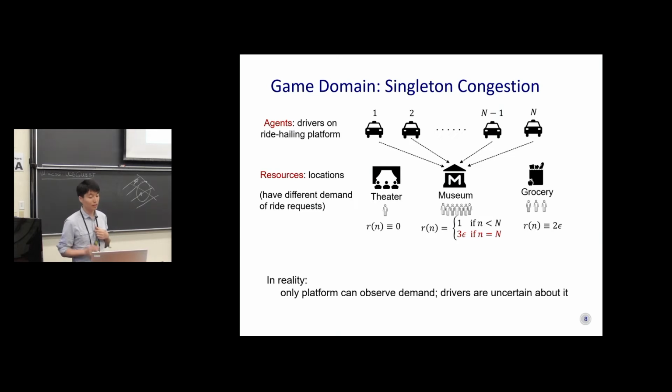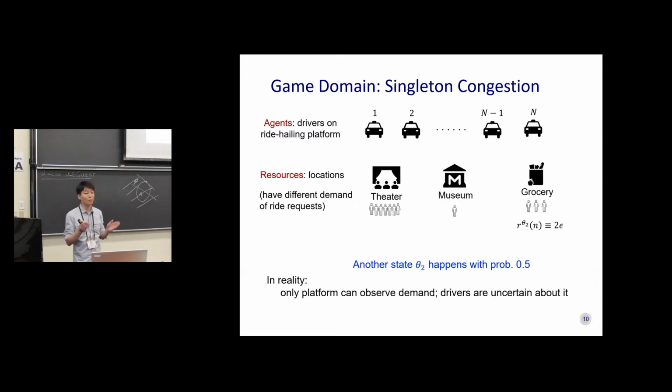But the interesting thing here is, in reality, typically only the platform can observe the demand. The driver is actually uncertain about the demand for different locations. Maybe what we see here is just one possible state of the world, which, let's say, happens with probability half. Maybe another possible state of the world is that the demand of the first 2 locations is switched, and therefore their reward function is also switched.